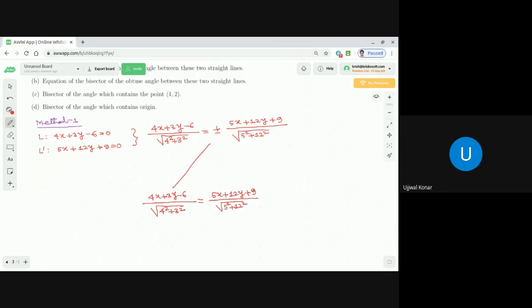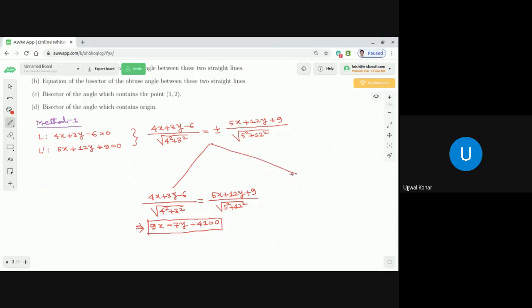If you simplify this, dear students, I'm not spending time on the simplification, you will get 9x minus 7y minus 41 equal to 0. This is one bisector, but we do not know whether it is the acute angle or obtuse angle bisector.